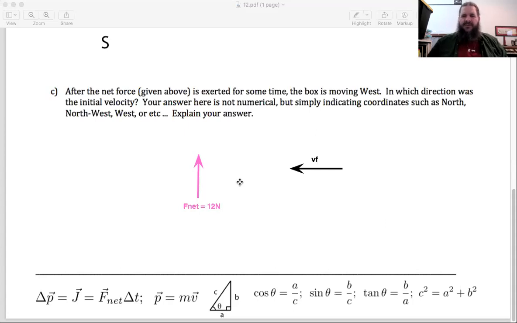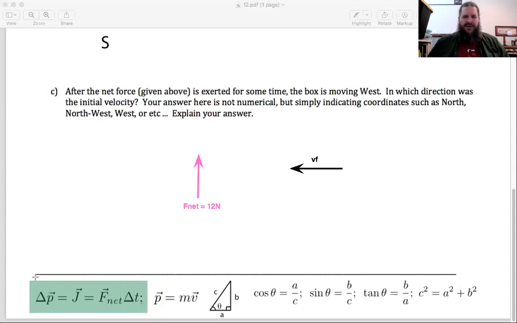And what equations could we use in order to figure out how much it changes it, or how those changes are related to each other? Yeah, we've got everything we need right here.